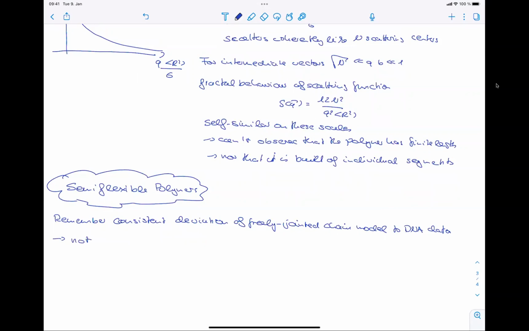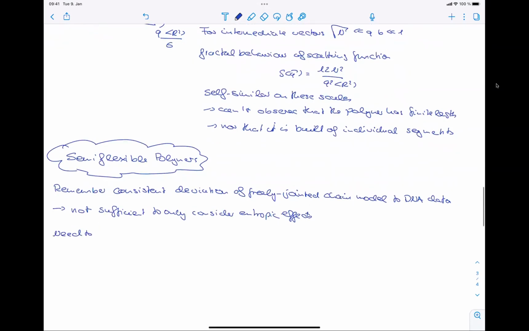Anyway, so we learn from that it's not sufficient to only consider entropic effects. So we need to consider the energy cost of polymer deformation with respect to a ground state.